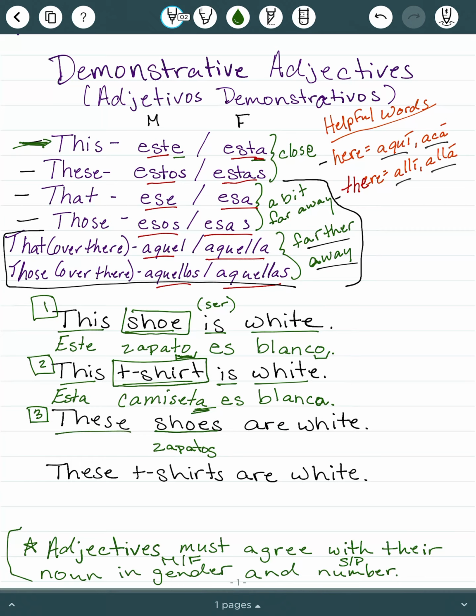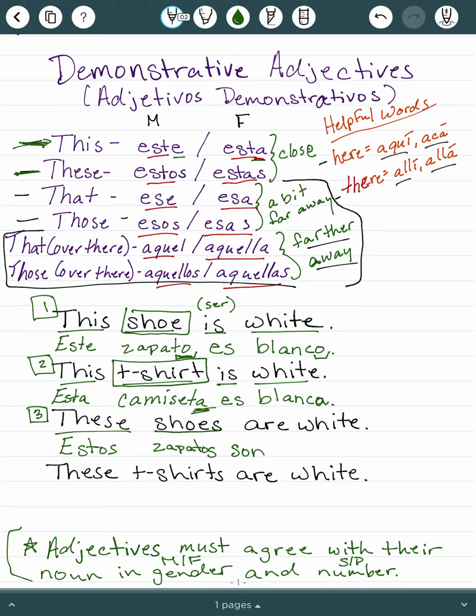Then we need the word for these. So now we're looking here. Estos or estas. The masculine word is going to be estos. So estos zapatos. Now we don't want to say estos zapatos es. That means these shoes is. We want to say these shoes are. So, again, coming from that verb ser, to say they are, soy, eres, es, somos, sois, son.